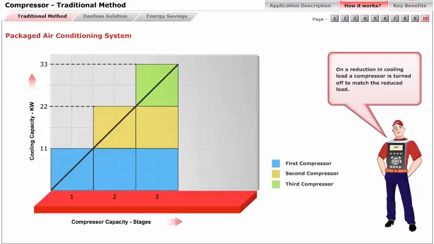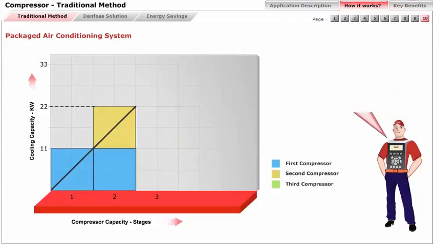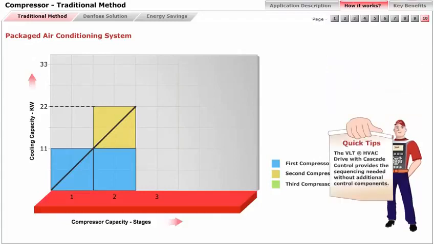On a reduction in cooling load, a compressor is turned off to match the reduced load. The VLT-HVAC drive, with cascade control, provides the sequencing needed without additional control components.